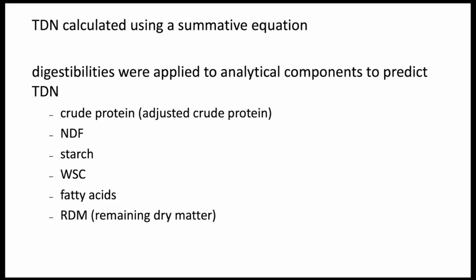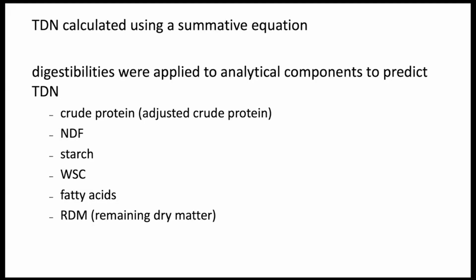Then we either measure digestibility for those for the given feed, or in some situations we use book values, or we may have to use some research values, especially if we're looking at some processing. But we can apply that digestibility coefficient to each one of those fractions and then use that to calculate the TDN.